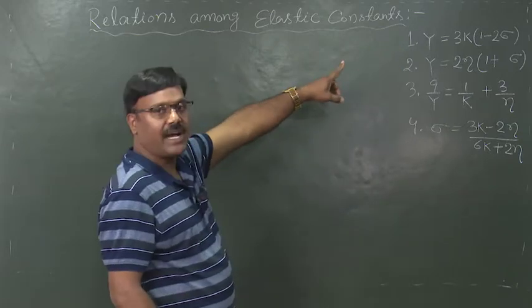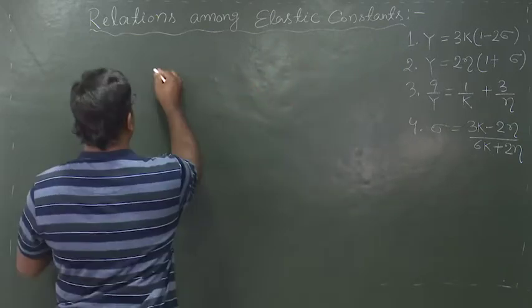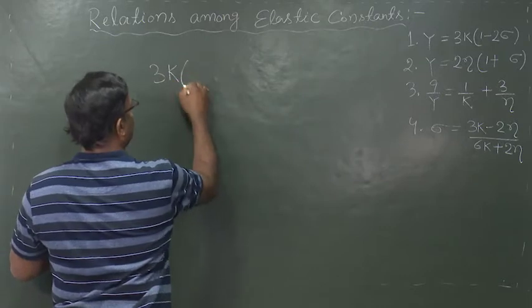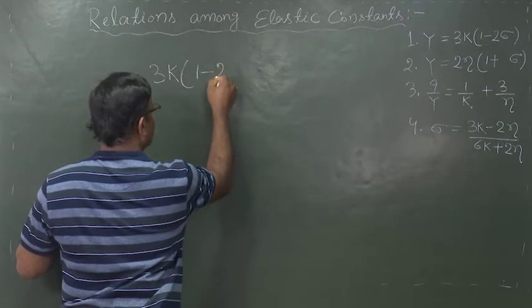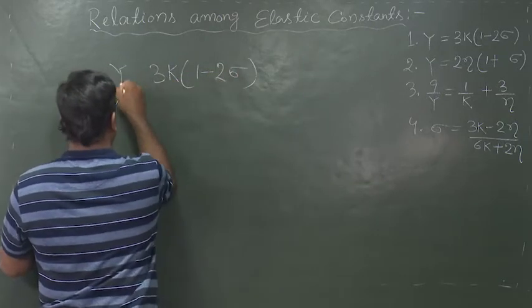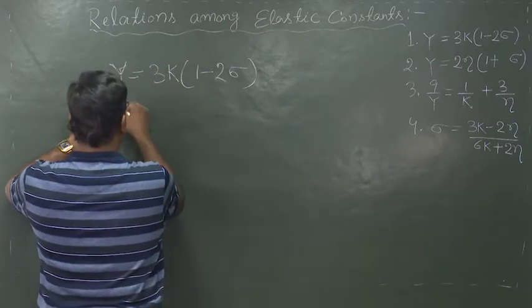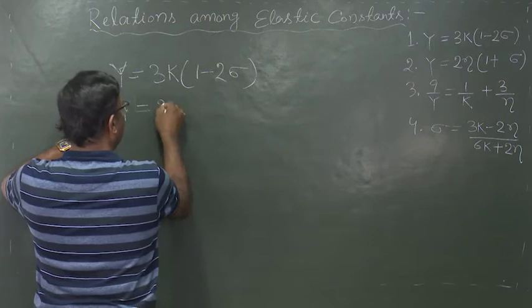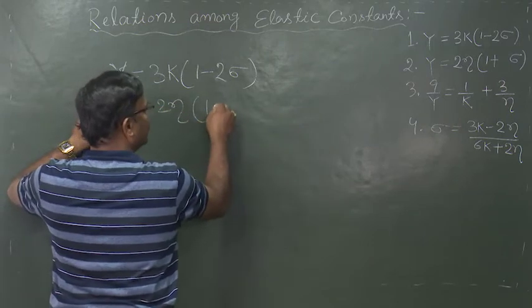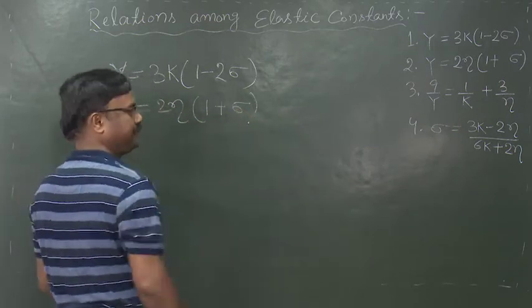So from the first relation we know that Y equal to 3K into (1 minus 2 sigma), and from the second relation we know that Y equal to 2 eta into (1 plus sigma).